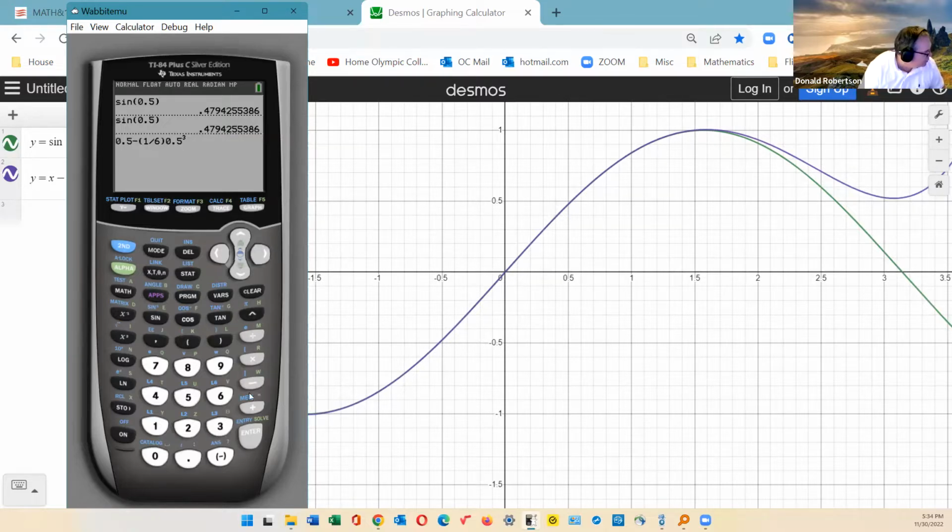And then add 1/20th of 0.5 to the power of 5. Right, now I hit enter. That calculation is what the Taylor's T5 estimate is.